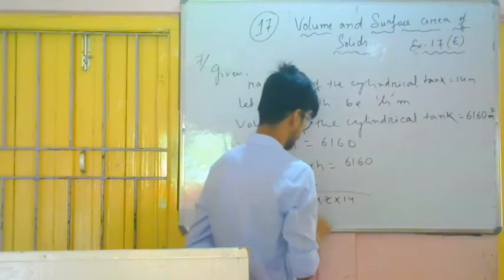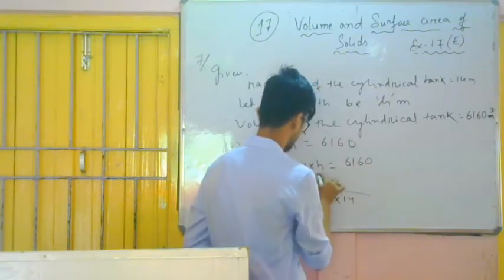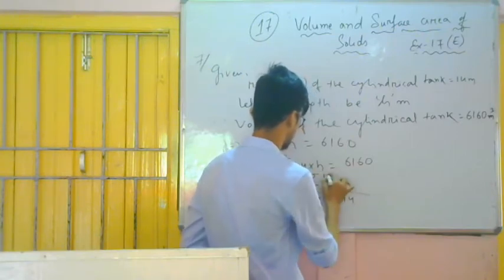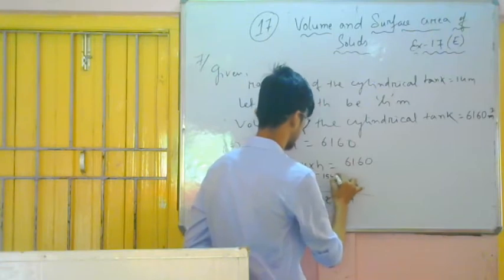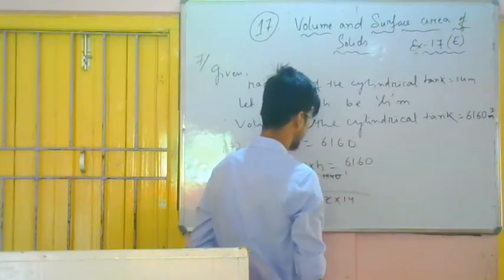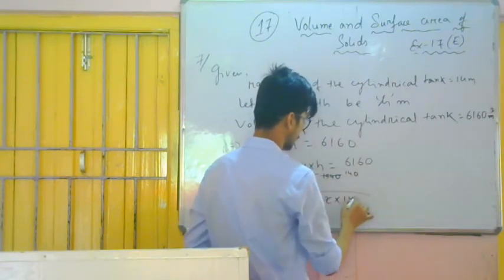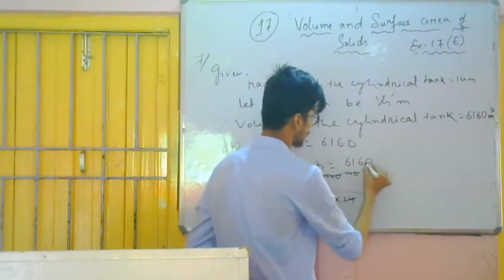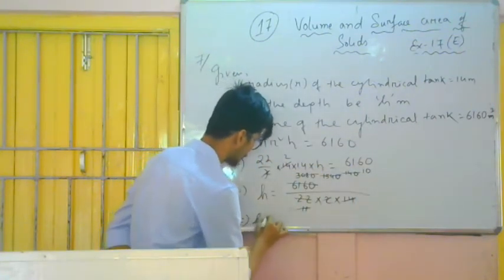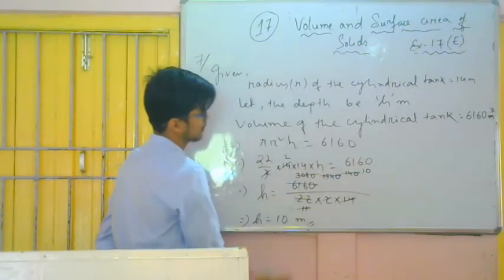Then again with 2, if I cancel, 2 1s are 2, then 10, 2 5s are 10, 2 4s are 8, 0. Then with 11 I can cancel this one. 11 1s are 11, then 11 4s are 44, 140. Then with 14 I can cancel this one. 14 10s are 140. So height will be equal to 10 meter.